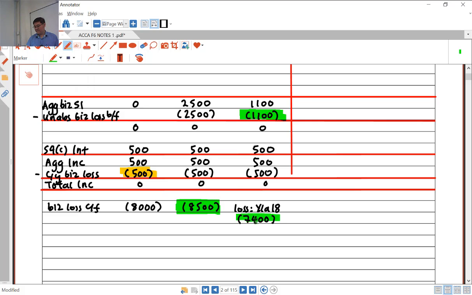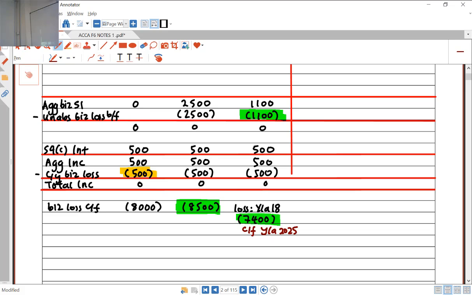Now, this loss, change color, 85,001, left with 74. And this 74 can only carry forward up to YA 2025. Whatever losses that is at the end of YA18, if you don't utilize, your last year is 2025. So this amount, 8,005, you only can bring to 2025.